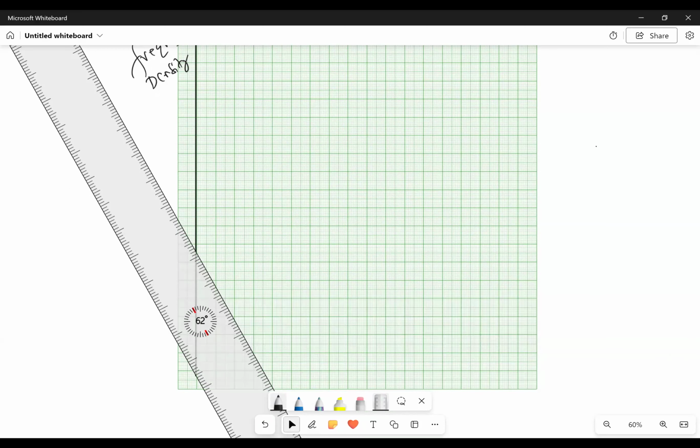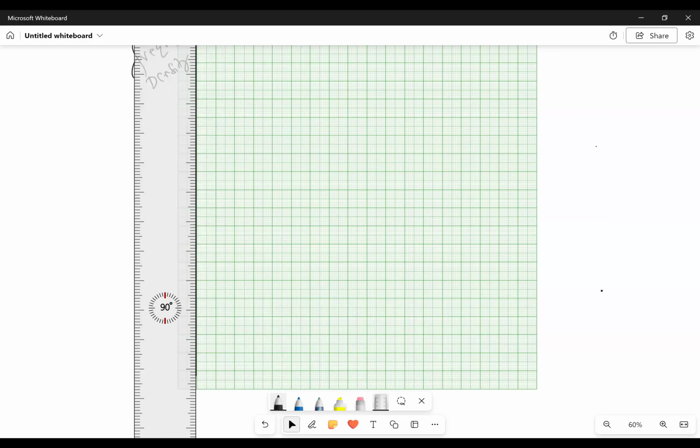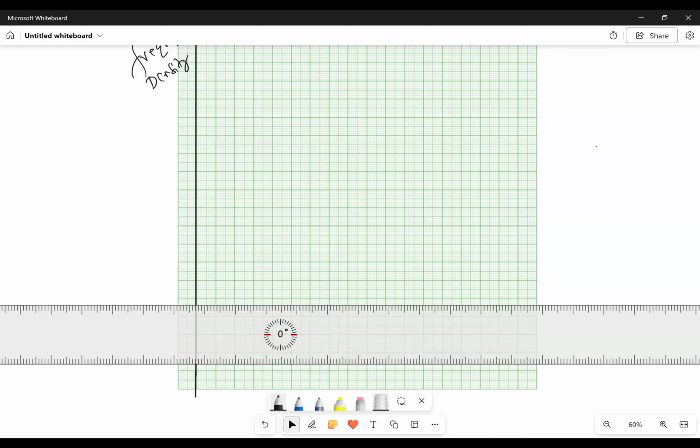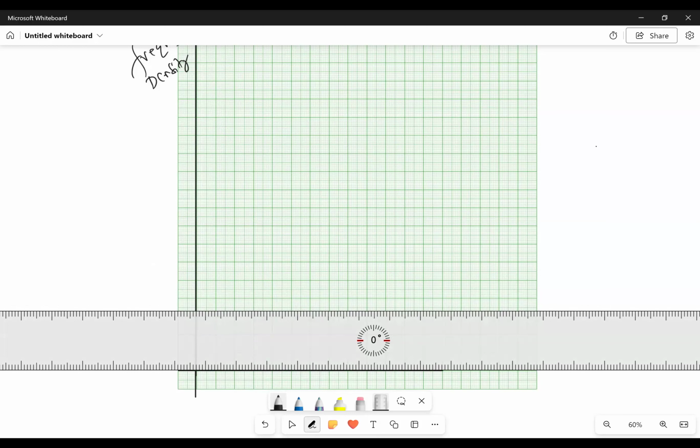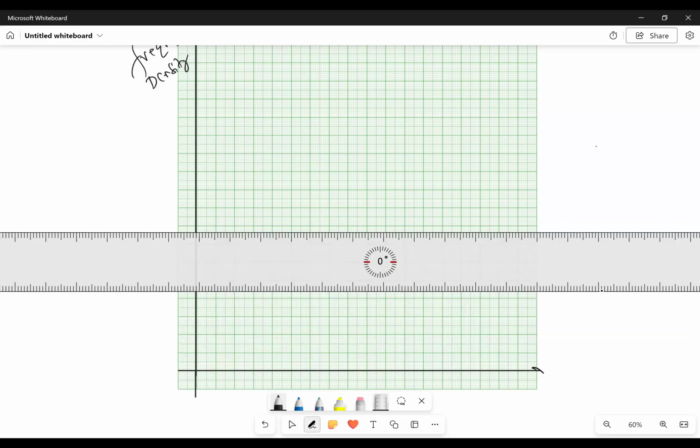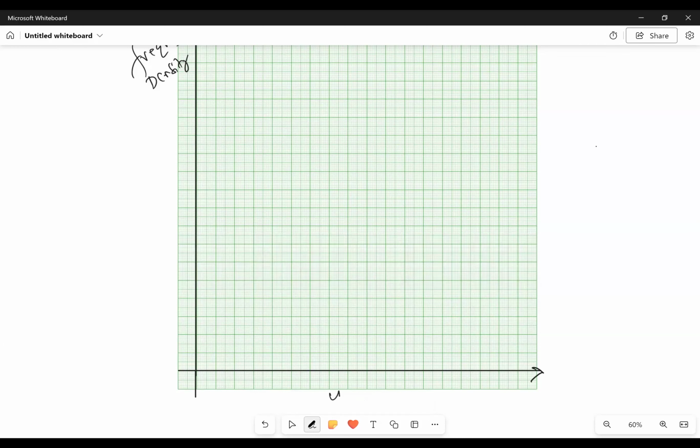Okay, so I think this one should get a bit down like that. Then I can start right here. I can have my x-axis right there. So this is going to be the upper class boundaries.